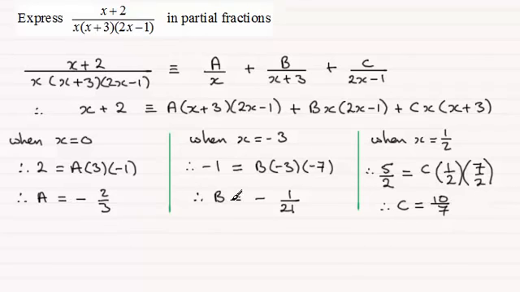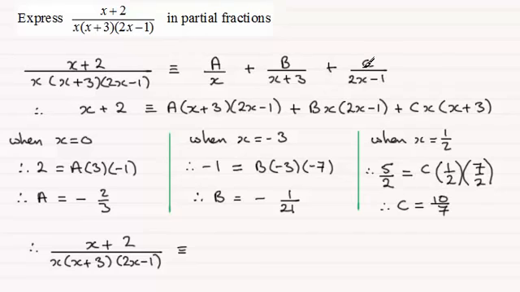Now that I've got A, B and C, I can finish off. So let's just summarize by saying therefore, we'll copy the fraction down, (x + 2) all divided by x times (x + 3) times (2x - 1) is identical to, well, I notice that A and B are negative values, and rather than put them as the first two values, I can see C is positive.